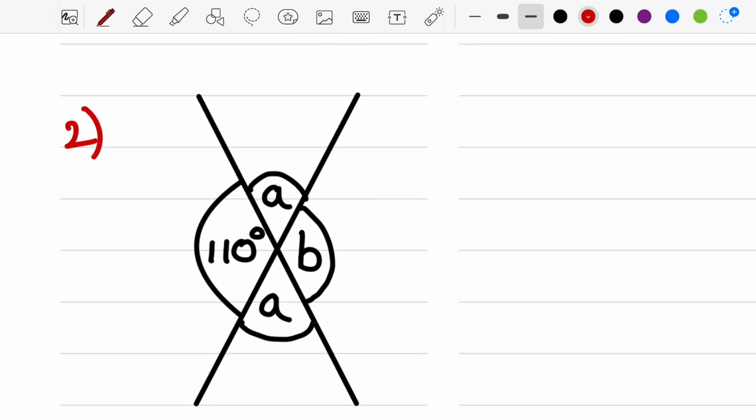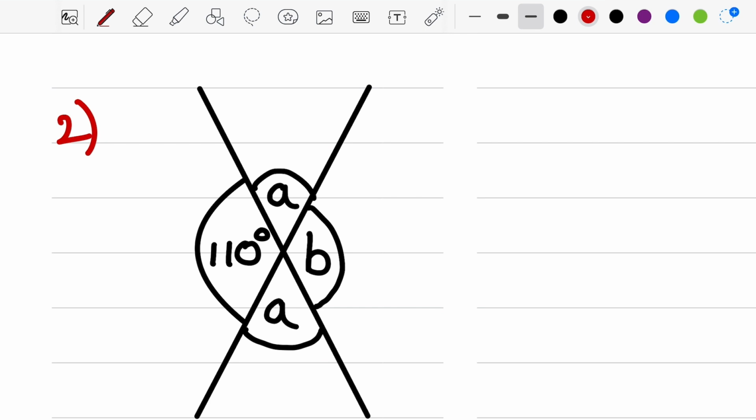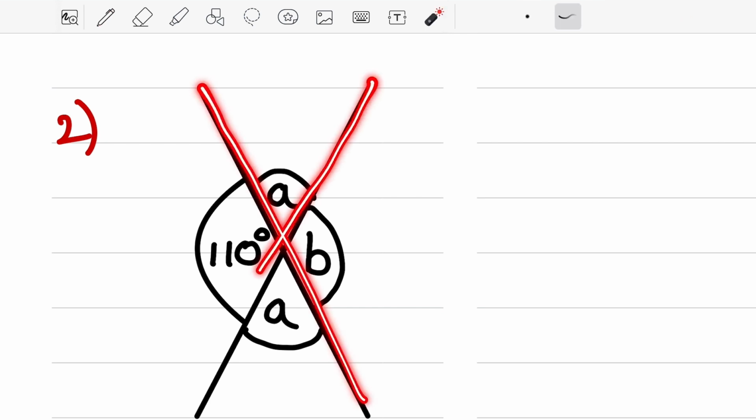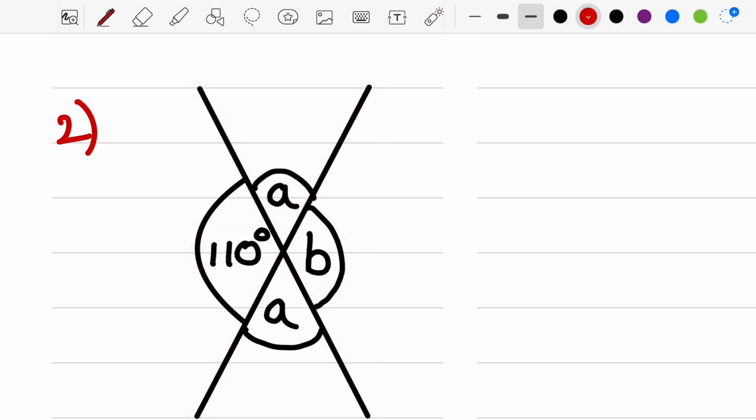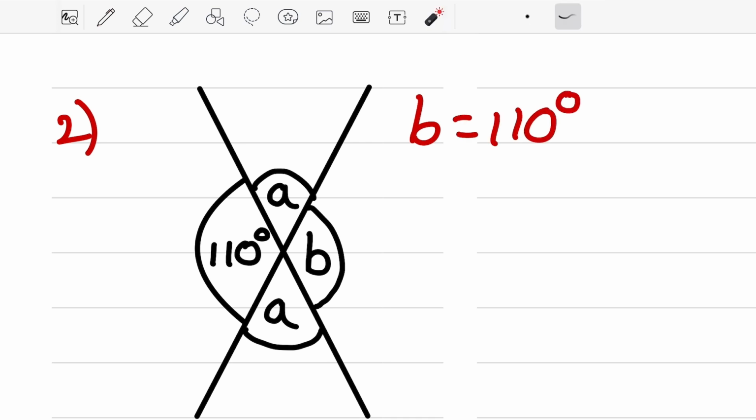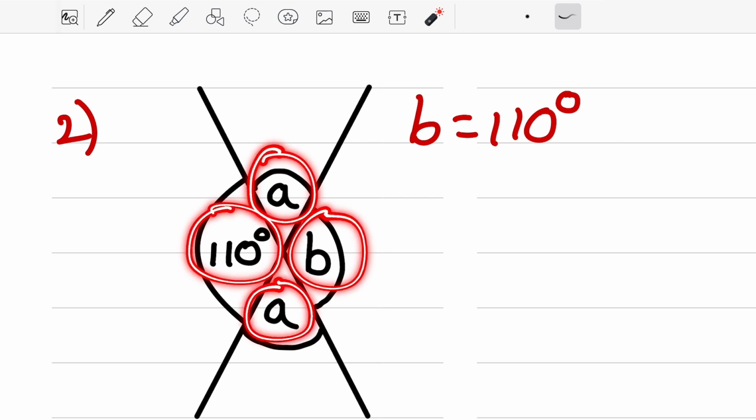Number 2, we have opposite angles. Since this is a straight line and this is a straight line, right, B will be equal to 110 degrees. We know that angles meeting at a point is 360 degrees in total. So if we take away these two from 360, we'll remain with 2A.